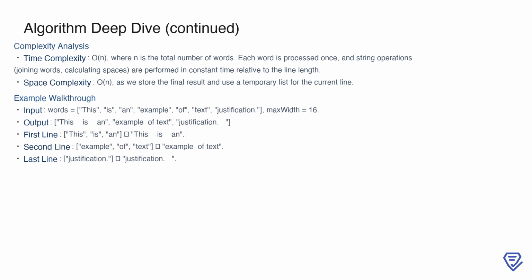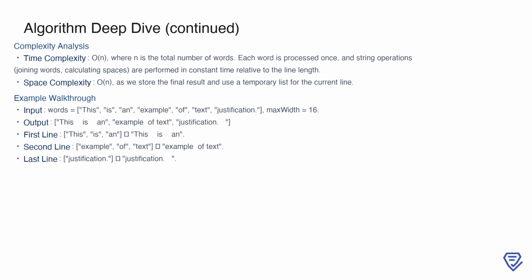Finally, let's analyze the complexity of the algorithm. The time complexity is O(n), where n is the total number of words. Each word is processed exactly once, and operations like joining words or calculating spaces are performed in constant time relative to the line length. The space complexity is also O(n), as we store the final result and maintain a temporary list for the current line.